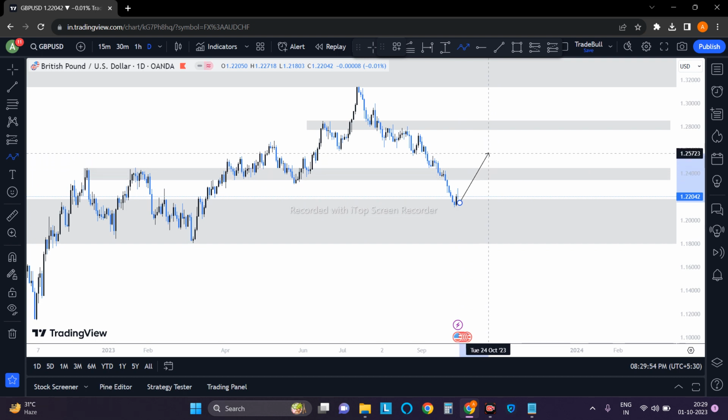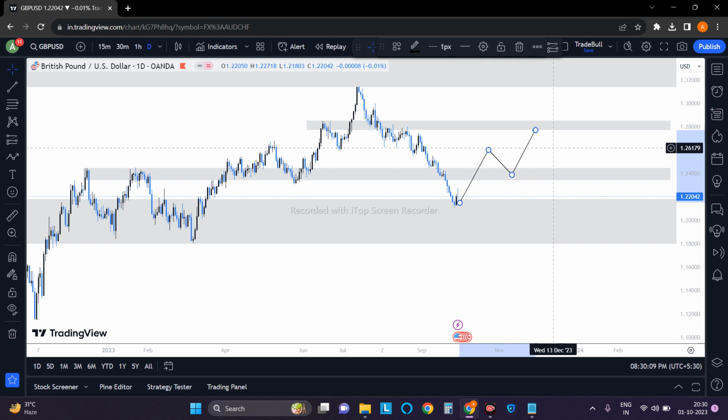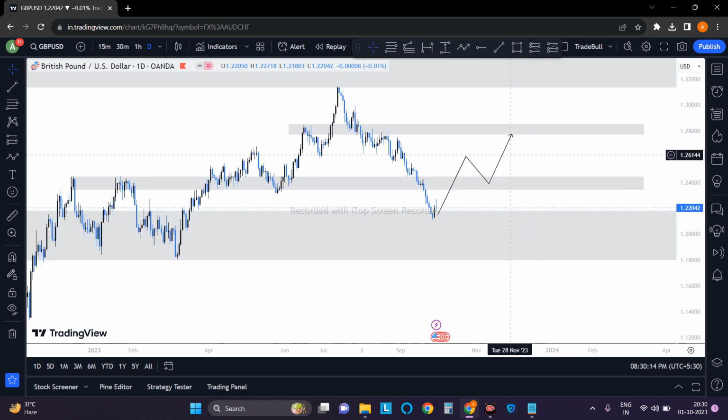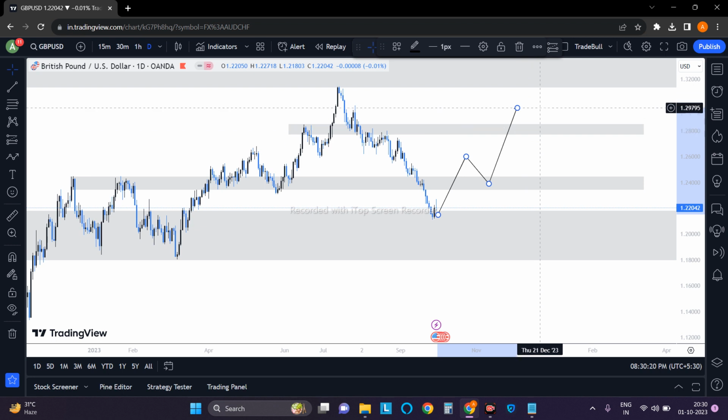Which is a resistance right now, retest it again, and when the retest happens and we see some sort of confirmation in the type of, say, a bullish engulfing candle or any bullish pair, then I can go and take my profits at this zone or partially book my profits. After this point, it's the same thing: I'll be expecting the price to break this, then retest the zone, and then go all the way to the very top.